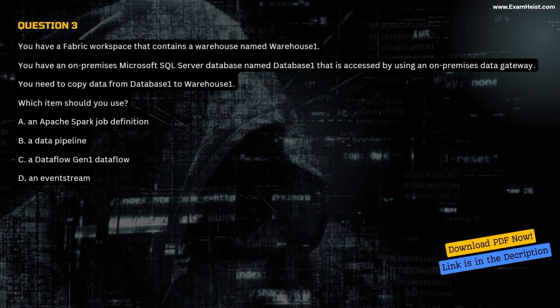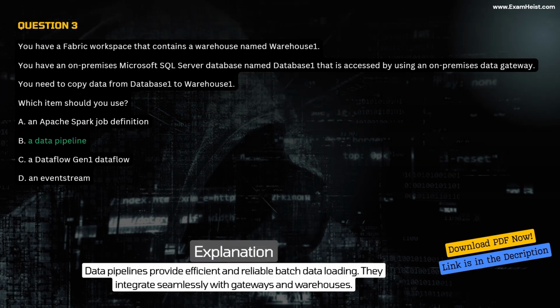B. A data pipeline. C. A Dataflow Gen1 data flow. D. An event stream. Correct answer B. A data pipeline. Explanation. Data pipelines provide efficient and reliable batch data loading. They integrate seamlessly with gateways and warehouses.